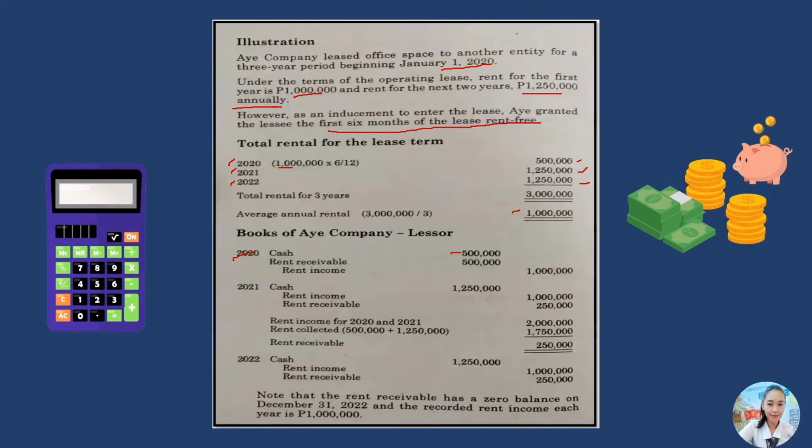Getting 500,000 is, it was supposed to be 1 million that it would receive, but since the 6 months are rent-free, only 500,000 will be received.